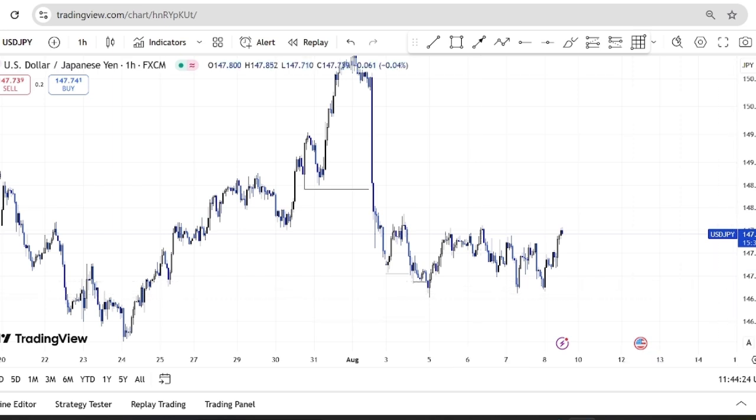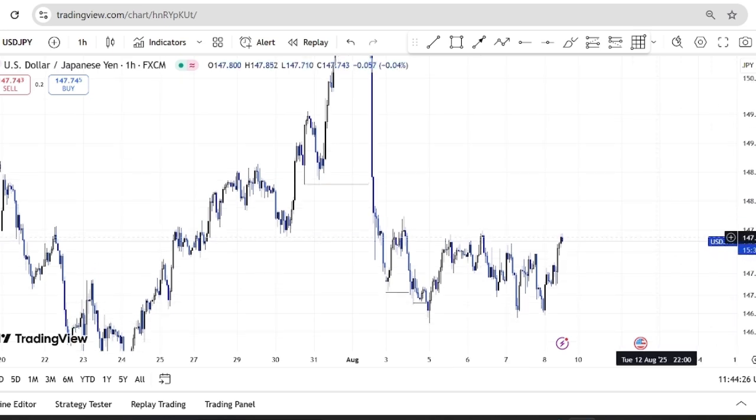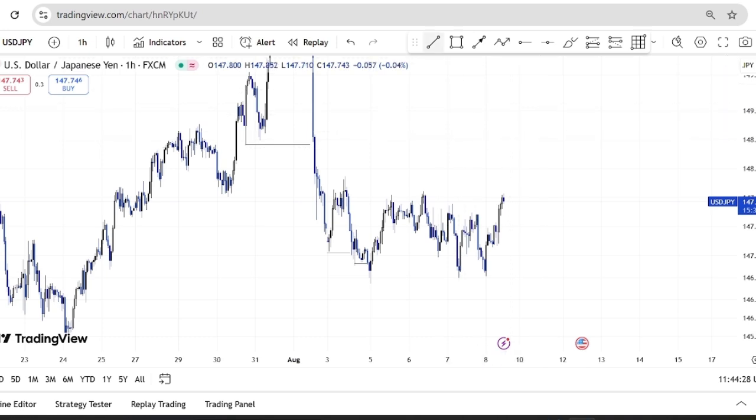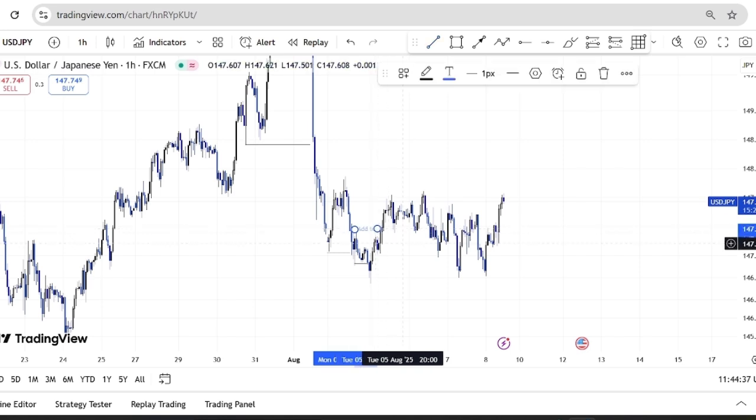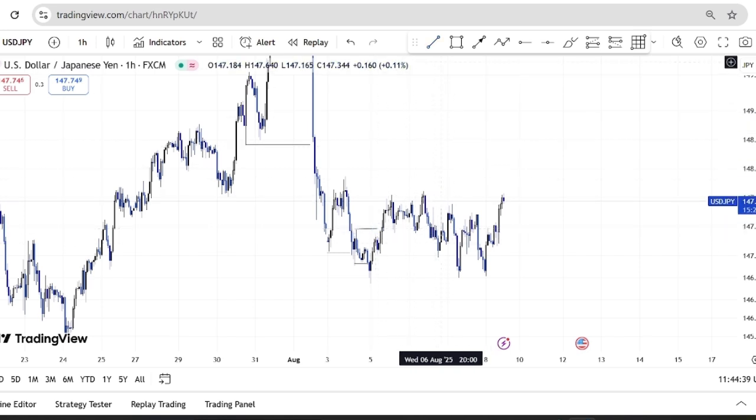So what was I now looking for? Zoom out on the charts properly. I had this liquidity resting here, which I always want to see on my chart, and I had this order block, my first target.